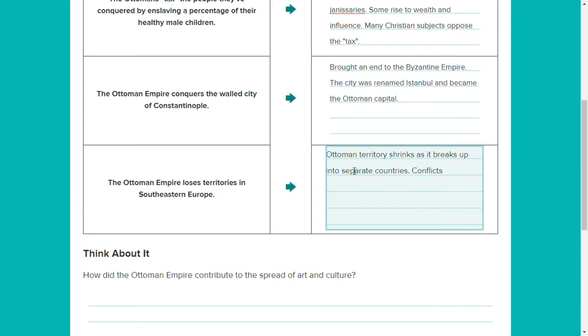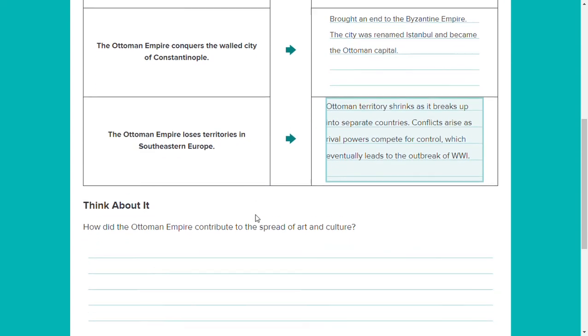Conflicts arise as rival powers, they mention different countries are competing for control. As rival powers compete for control, which eventually leads to the outbreak of World War I.